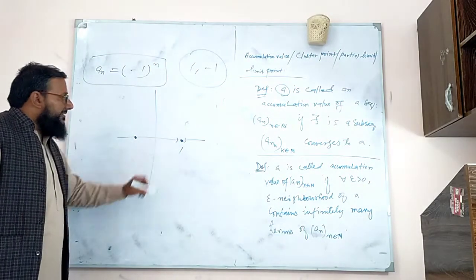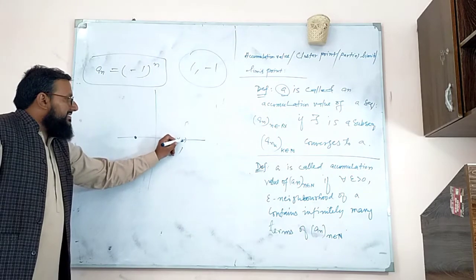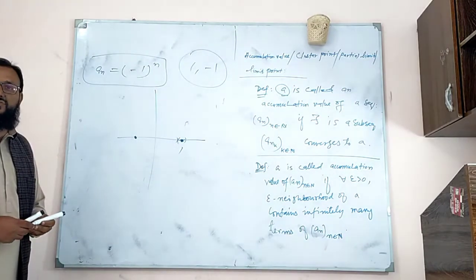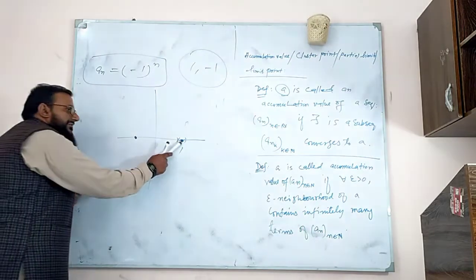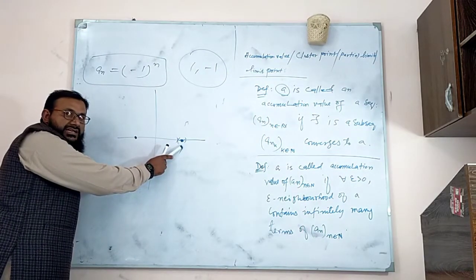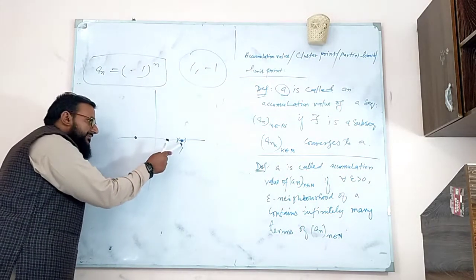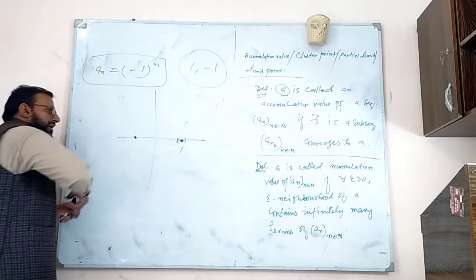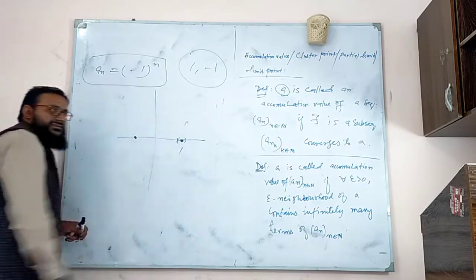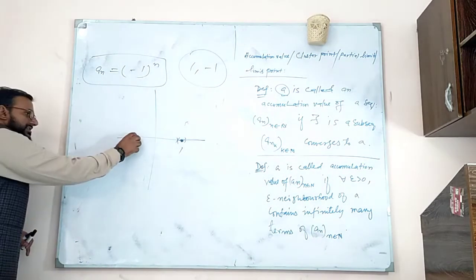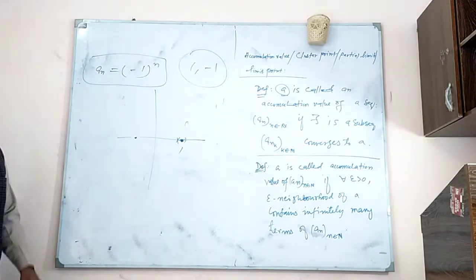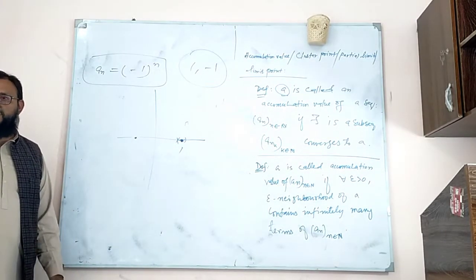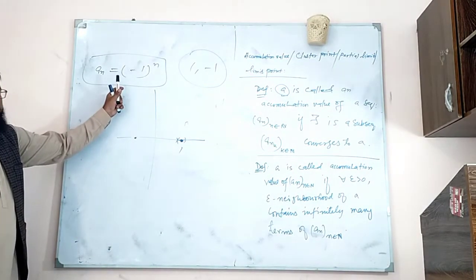Because you take any epsilon neighborhood, inside this neighborhood there are infinitely many terms of the sequence. The second term is 1, fourth term is 1, sixth term is 1, eighth term is 1. So around this neighborhood you have infinite terms. Even around the other neighborhood you have infinite terms. So this value is an accumulation value, and this value is also an accumulation value for this sequence.